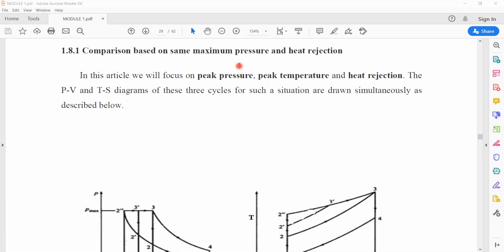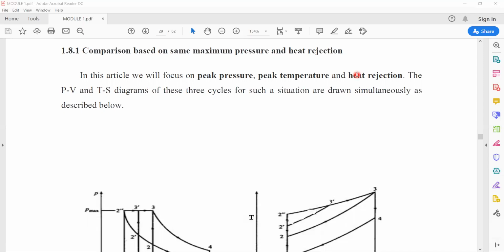That is very important. In the examination, it will be mentioned: give the comparison between Otto, diesel and dual cycles based on the same maximum pressure, same maximum temperature and the heat rejection. Or the second condition is: give the comparison between Otto, diesel and dual cycle for the same compression ratio and same heat rejection.